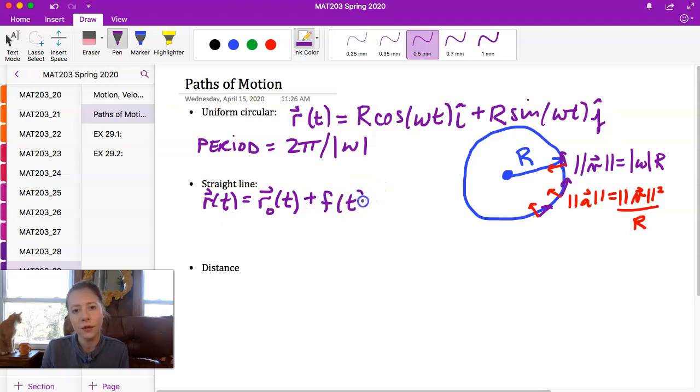The initial position, the velocity and acceleration are all parallel to one another and the line of motion.